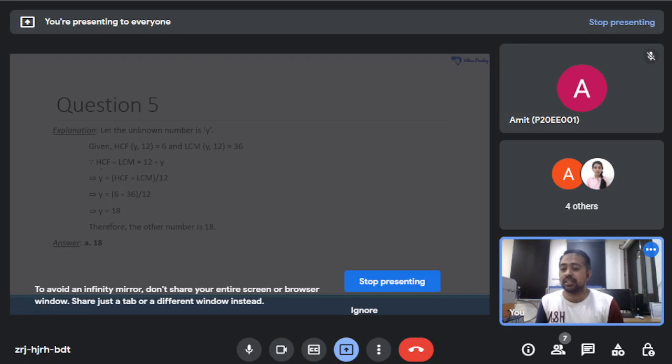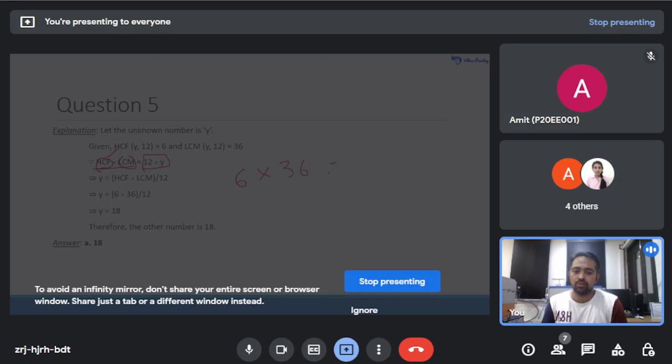So there is a simple relation that the highest common factor and lowest common multiple, when they are multiplied, are equal to the product of the two numbers. Okay. So if we put, we already have HCF 6 and LCM 36.